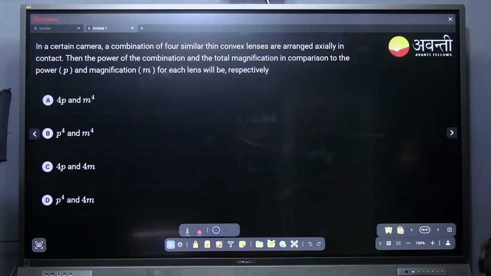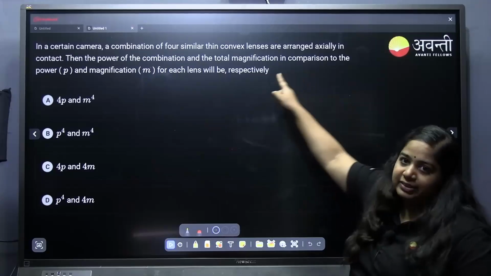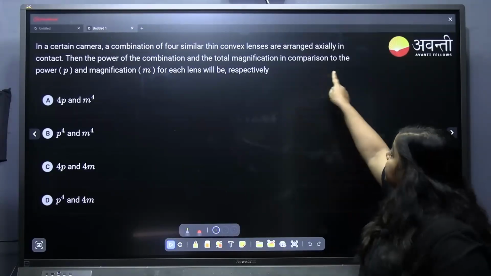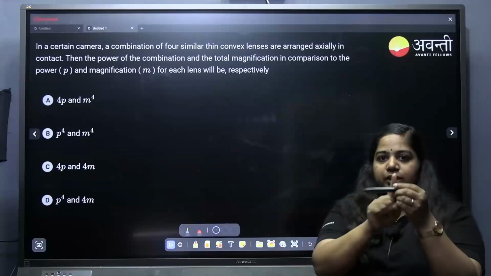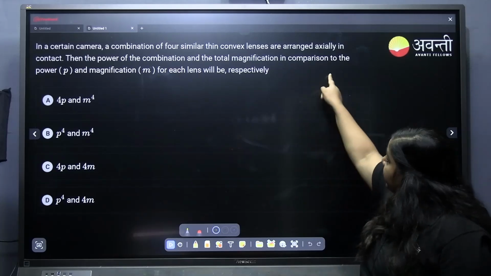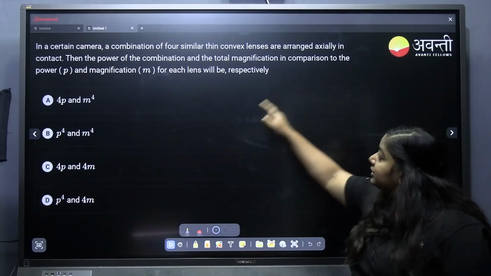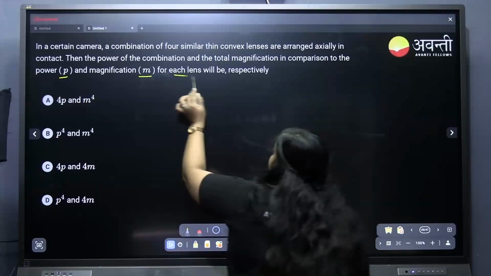Next one. In a certain camera, a combination of 4 similar thin convex lenses is used, arranged axially in contact, on the same axis, 1, 2, 3, 4. We need the power and total magnification of the combination in comparison to the power P and magnification M of each lens.